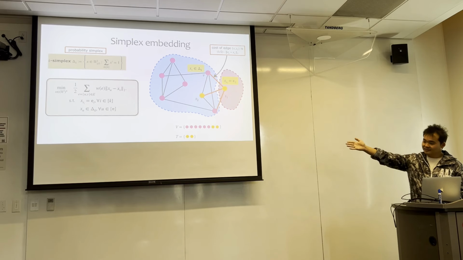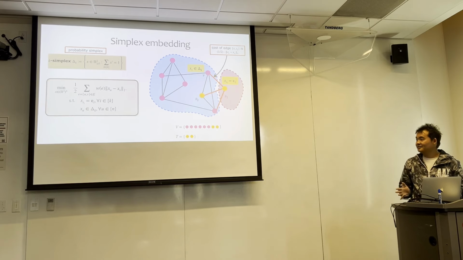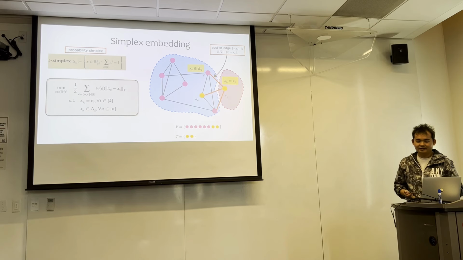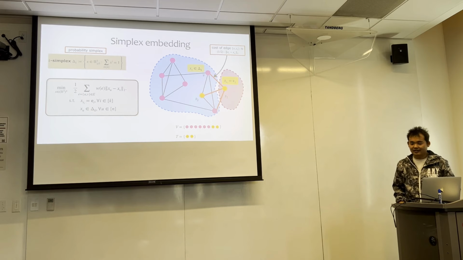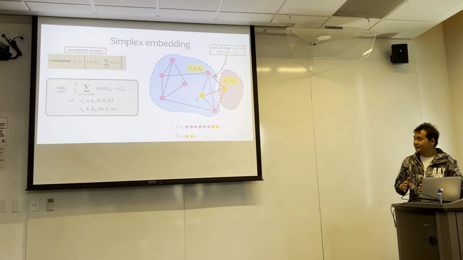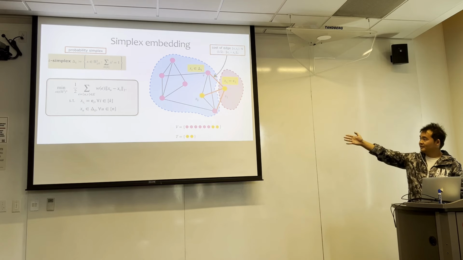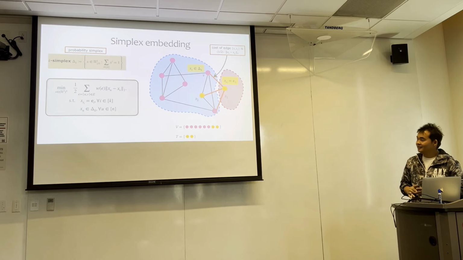That minimizes this objective function, because you can verify that when all the x vectors are just 0-1 integer vectors, such an embedding exactly corresponds to a solution for multiway cut, and the sum of edges crossing different components is exactly the value of this objective function.